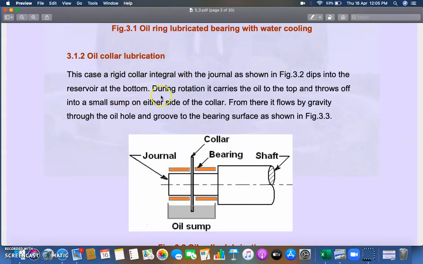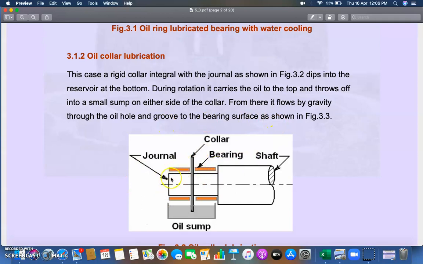In this kind, there is a rigid collar which is an integral part of the journal. It means the collar is already manufactured with the journal of the bearing, and during rotation, it carries the oil to the top and throws it off into a small sump on either side of the collar, and from there it will flow with the help of gravity to the oil holes and grooves of the bearing surface, so that lubrication is maintained.